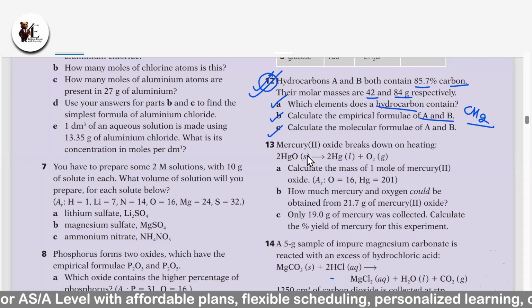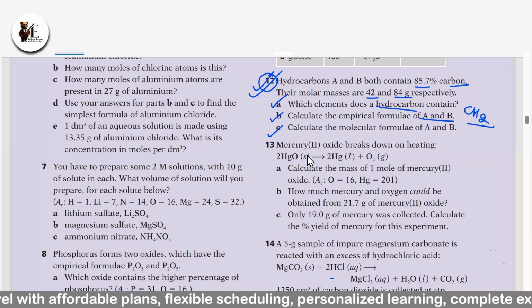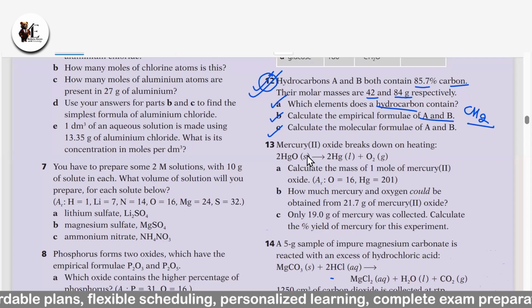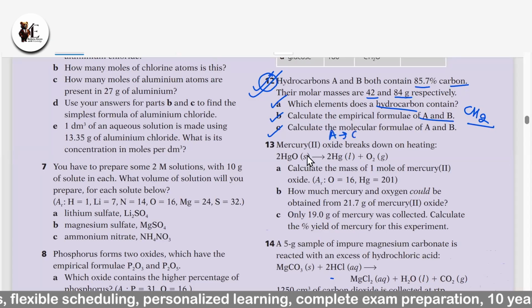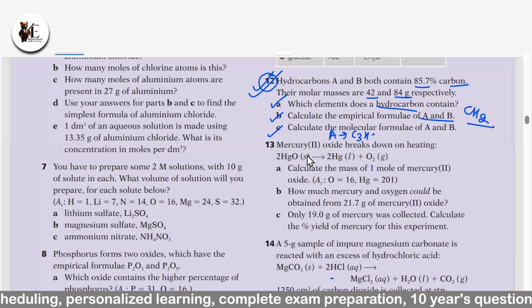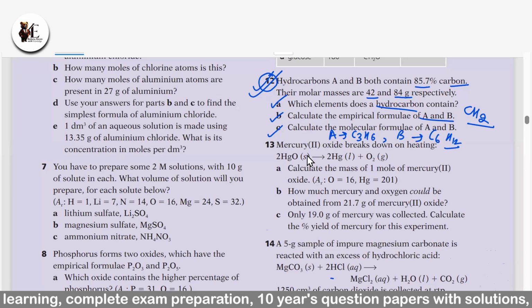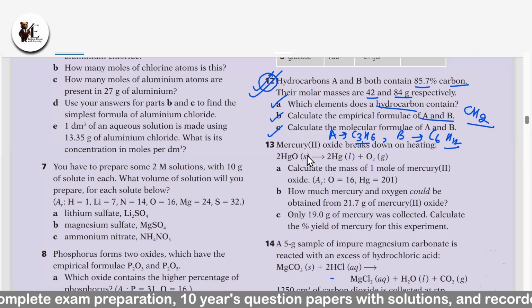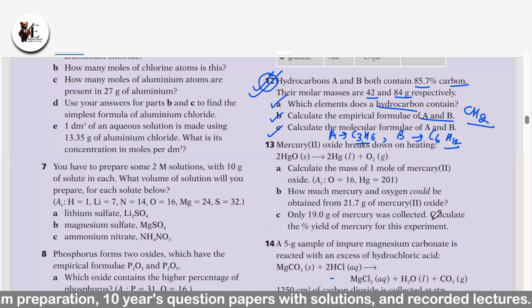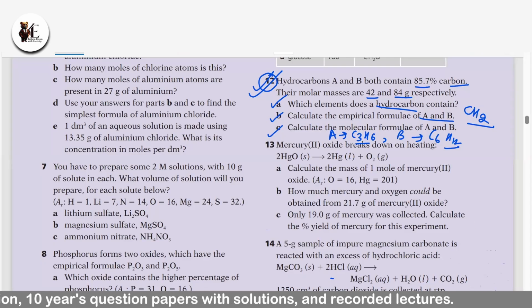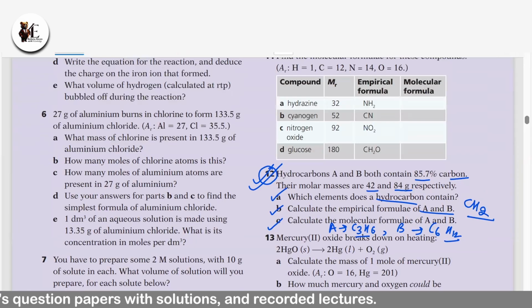Molecular formula? For A, it's C3H6, and for B, it's C6H12. Yes, very good. Molecular formula is C3H6 for A and for B it is C6H12. Okay, it's also done.